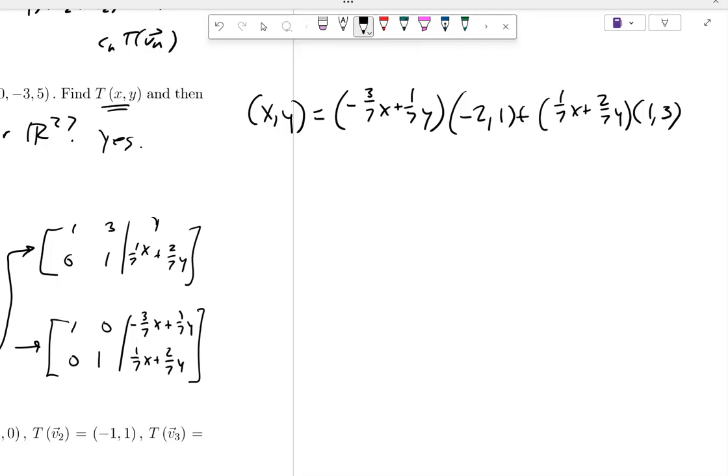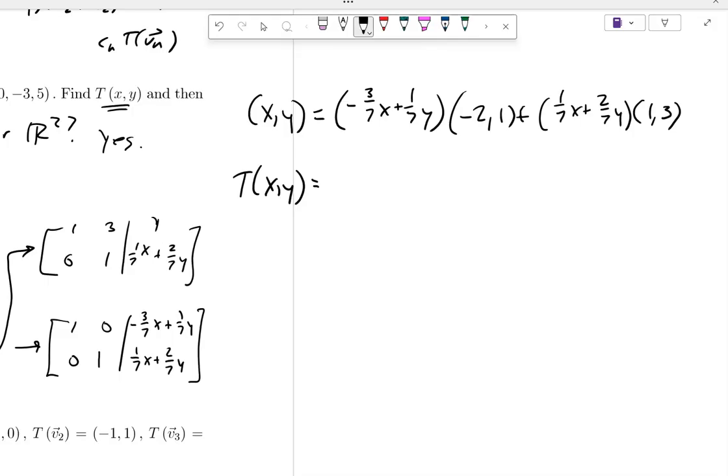Okay. All right, why does that help? Doesn't look like it helps necessarily, right? But why does that help us? Remember, the problem asks you to figure out what T of xy is, right? Using what we just talked about with the properties of the transformations, I have my xy here now as a linear combination of these two vectors.